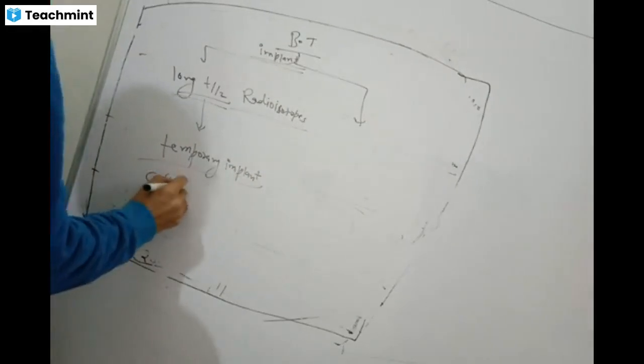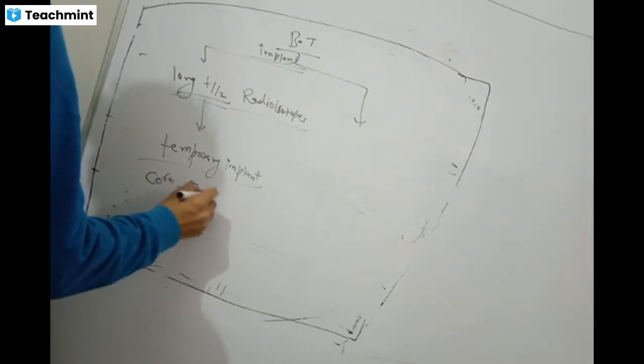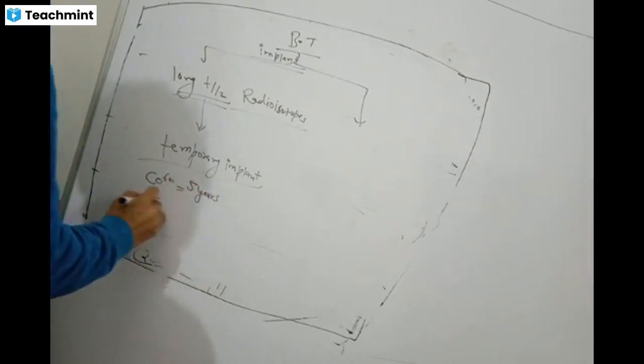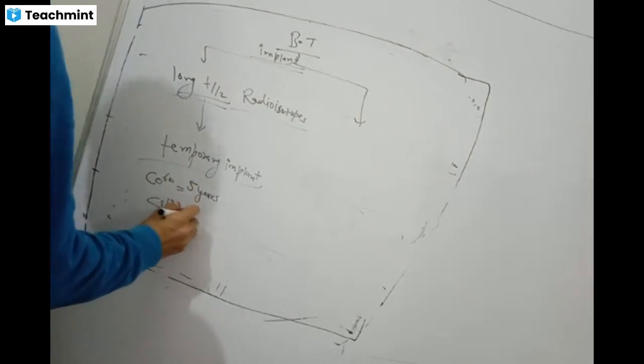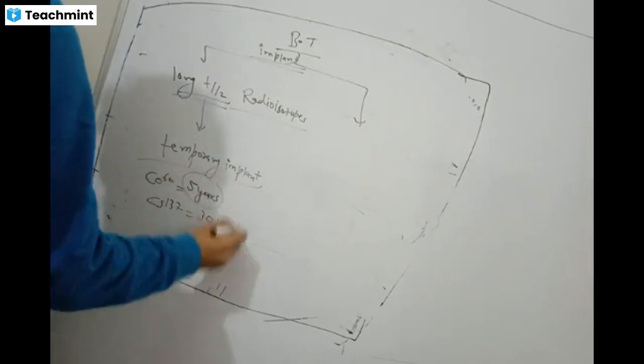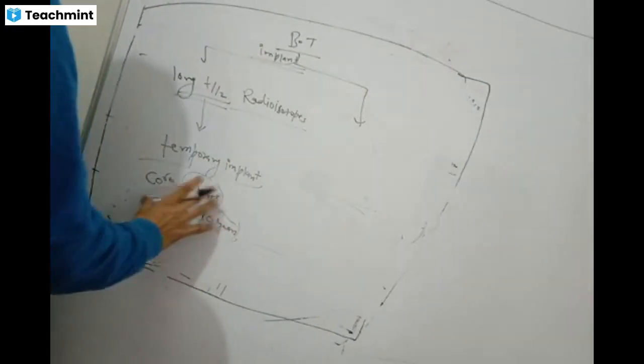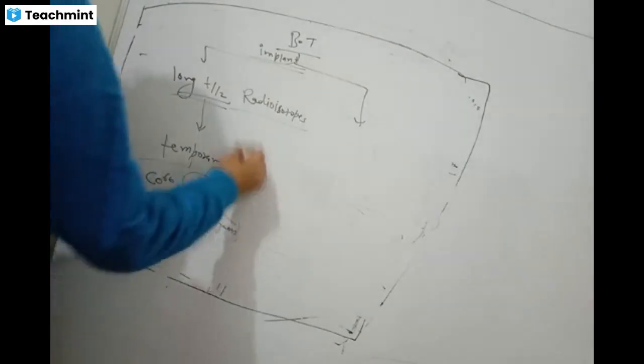For example, cobalt 60 has a half-life of 5 years, and cesium 137 has a half-life of 30 years. So these radioisotopes have long half-lives.